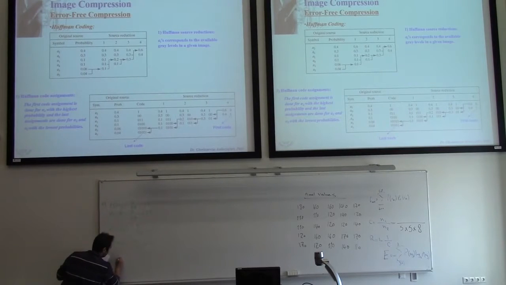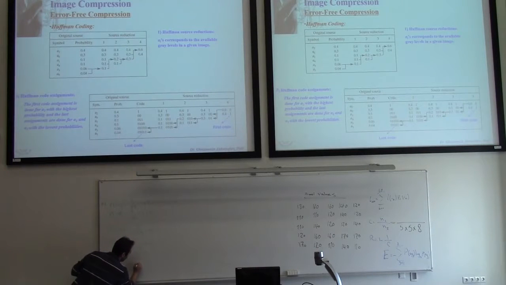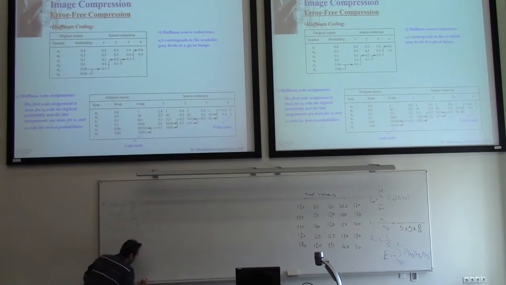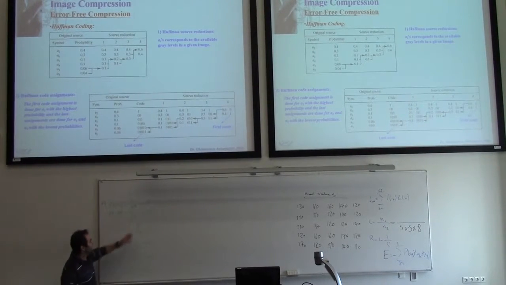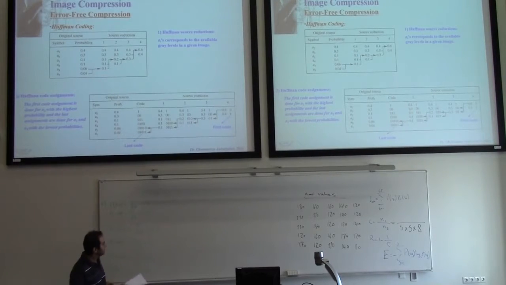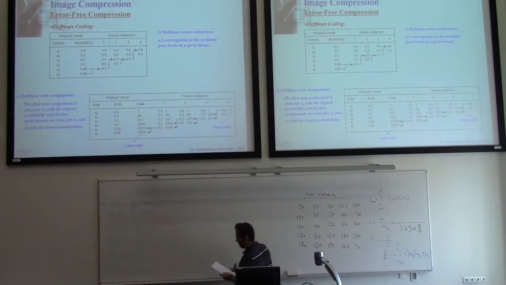The probability of the gray level value of 170 is 3 over 25, equal to 0.12. And the probability of the gray level value of 180 is equal to 1 over 25, that's equal to 0.04. And you know that if we add all these values together, finally we get the value of 1, because probability is between 0 and 1.